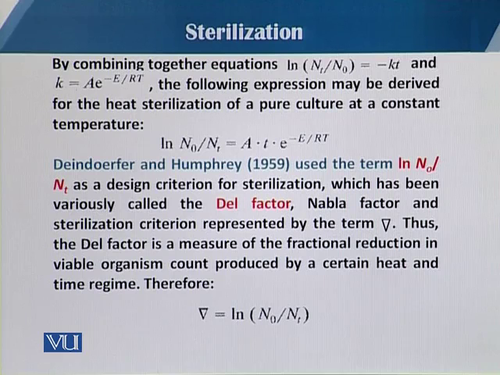If we combine that Arrhenius equation with the equation achieved by integration, ln(Nt/N0) = -kt, where k = A e^(-E/RT), with A the Arrhenius constant, then we get a combined equation.